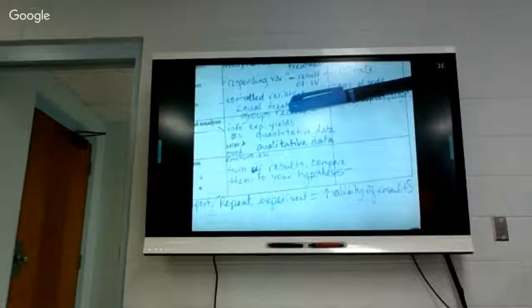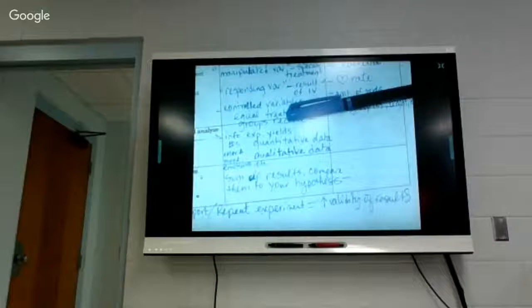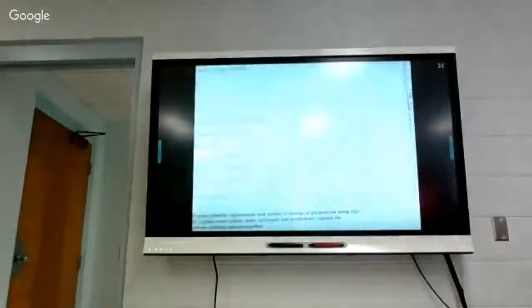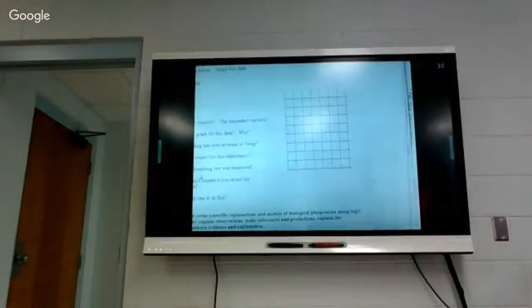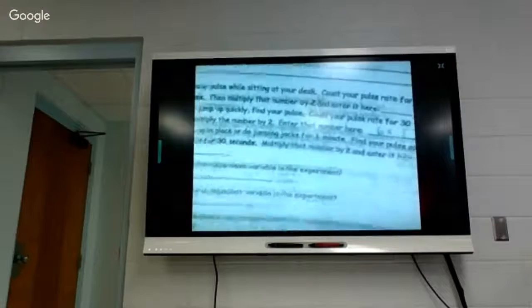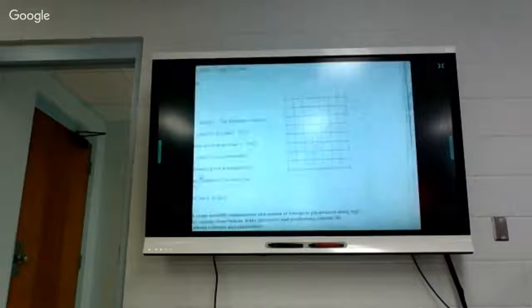So you can find it here, or you can find it here. I don't have a lot of luck finding it right here. I always find it right here. So it's this sheet.